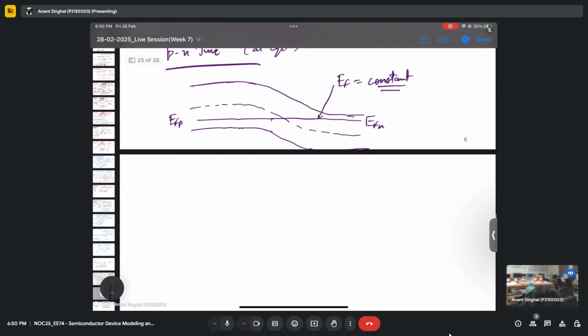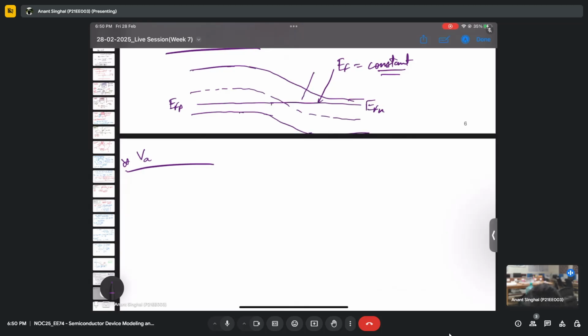So what happens once we apply a bias? We did apply both positive and negative bias, I mean both the forward and the reverse bias case. What happens is we have two different Fermi levels at both the sides. Let's say we are applying positive bias VA.